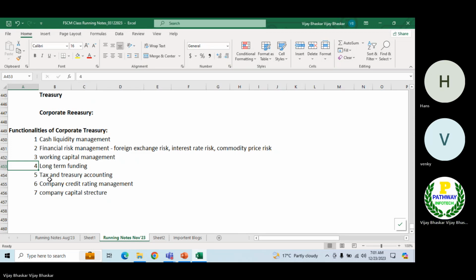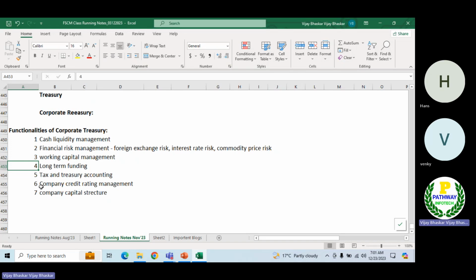Now, tax and treasury accounting. Whatever transactions are happening in treasury, for all those transactions the treasury is going to support even tax-related postings, as well as wherever the accounting has an impact.